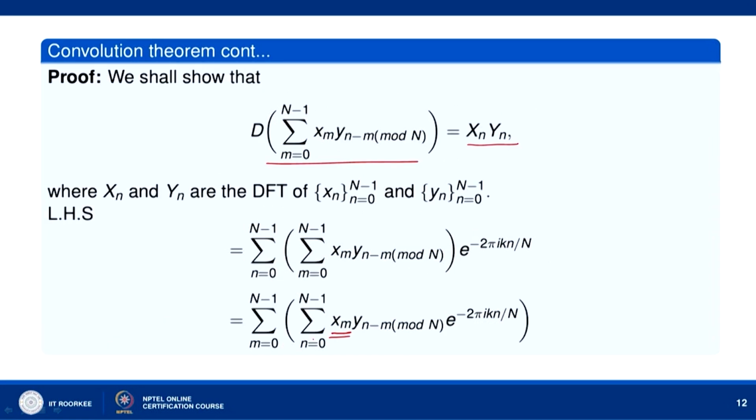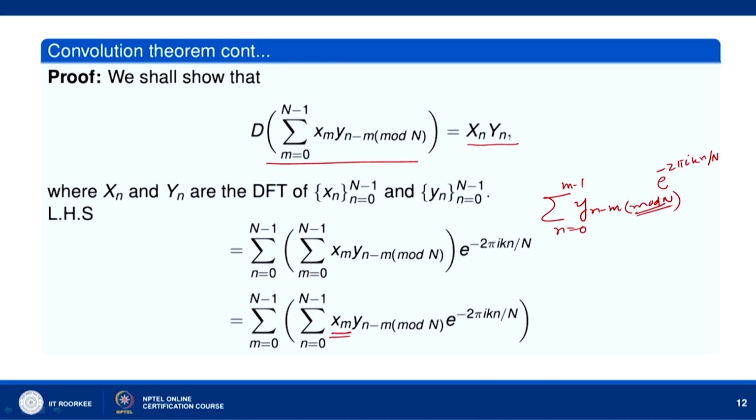So, x m will go outside the summation over n.